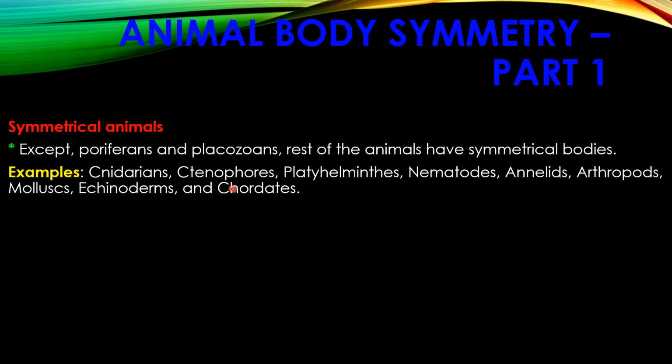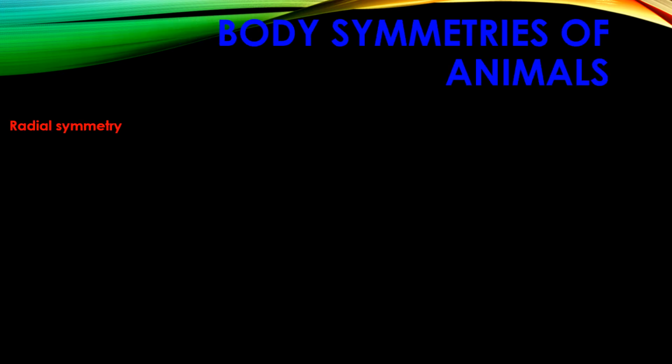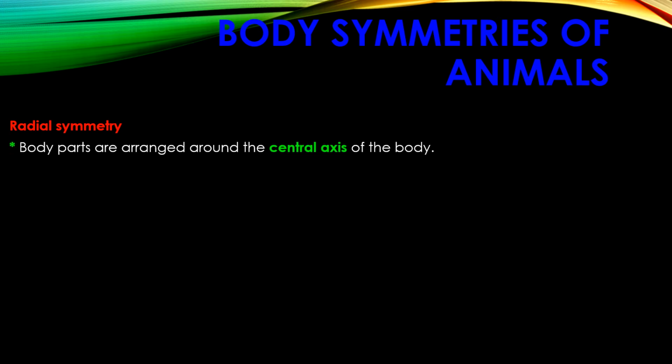These animals either have radial symmetry or bilateral symmetry. Let's take radial symmetry. The appendages of these animals are arranged around the central axis of the body. As such, any plane that cuts through the central axis of the animal forms two mirror images.